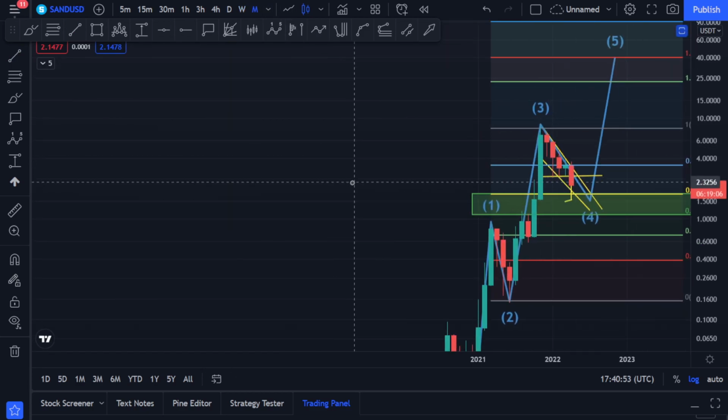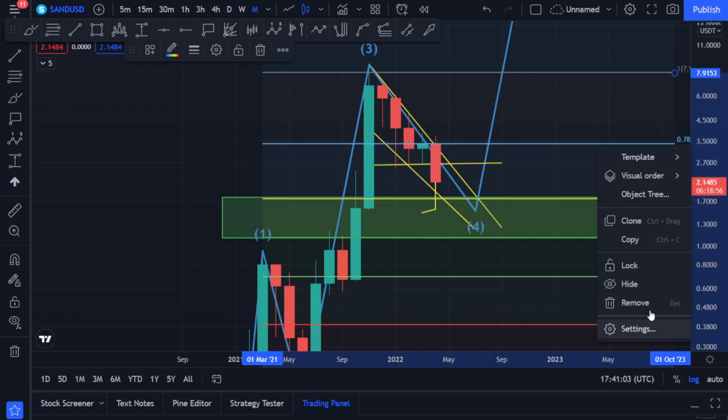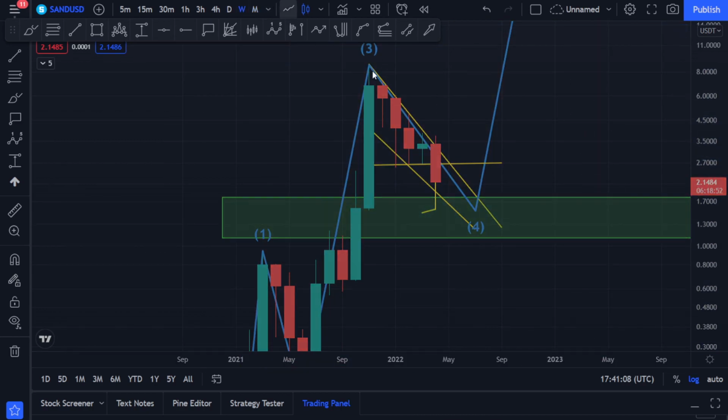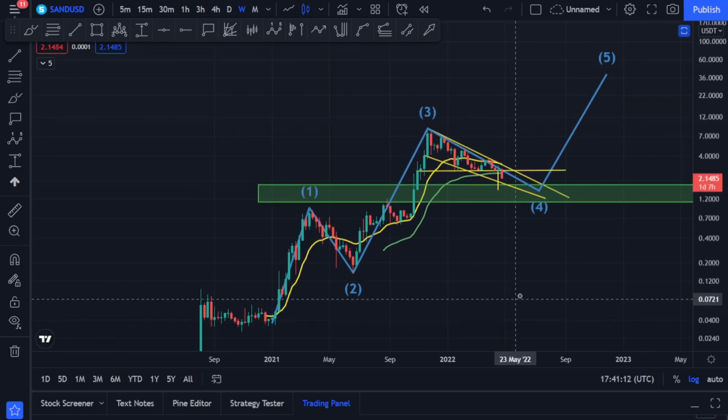Go in the monthly. You can see even the descending triangle is going to come in, hit this 20 moving average. So everything is making sense in my viewpoint. So let's see what happens, but I just wanted to do this quick analysis for Sand to show you guys it's working in this Elliott wave theory concept. So hopefully, let's see what happens.